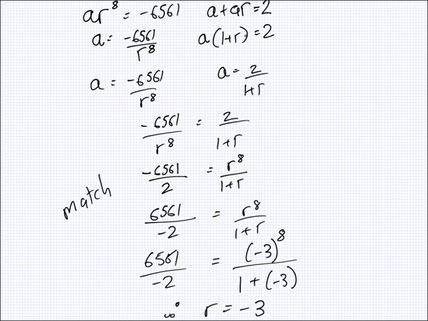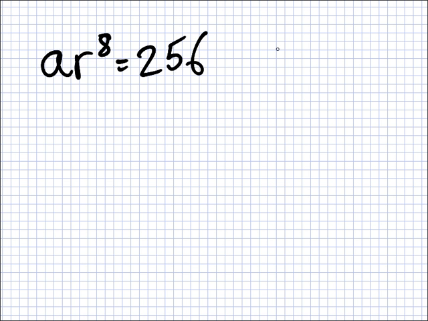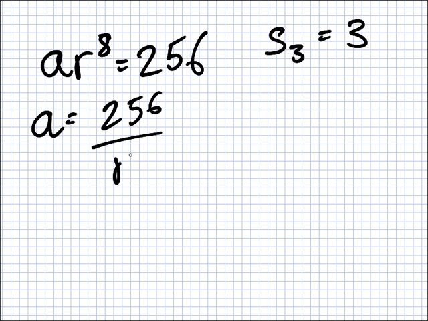Right. C. So we have the ninth term is 256. And the sum of the first three terms is 3. So I get a equals 256 over r power 8.